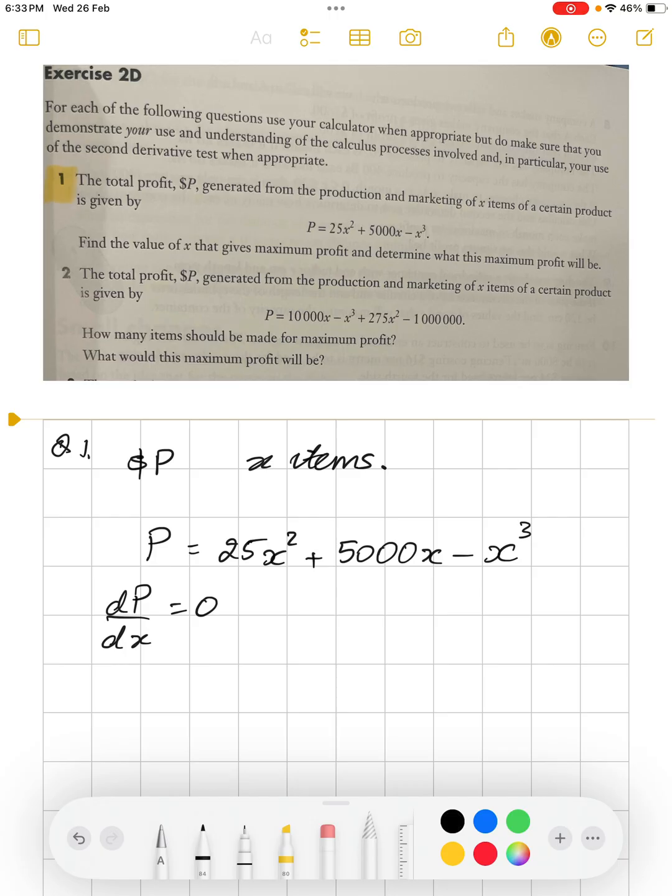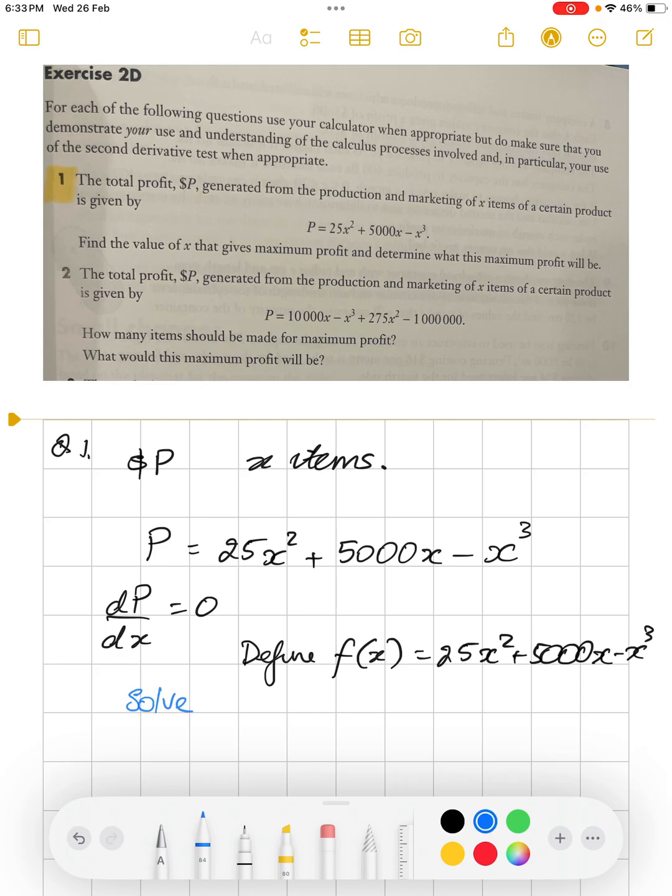So we can get the derivative of this, and if you use your calculator, I recommend that you define the function as being 25x squared plus 5,000x minus x cubed. Once you've defined f of x, you could solve in your calculator. I'm using a Casio ClassPad here.